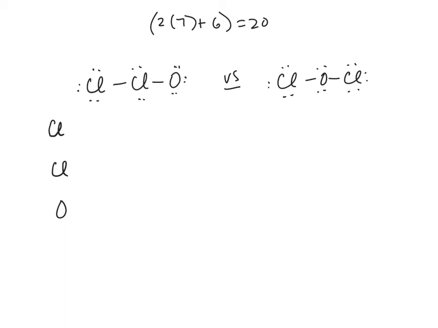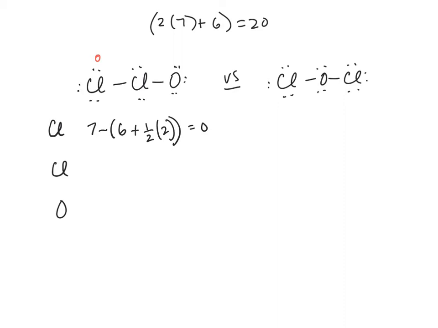It's going to be 7 by itself minus the number of lone pair electrons, which is 2, 4, 6, plus 1/2 times the 2 electrons in the bond. So that's 6 plus 1, and the formal charge is 0 for the chlorine. We can just write it on top.